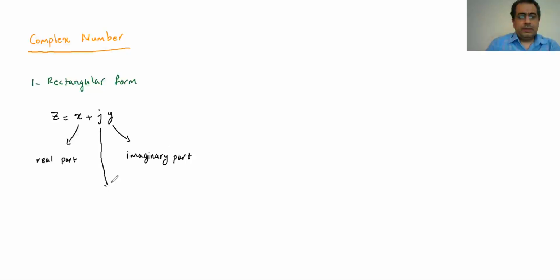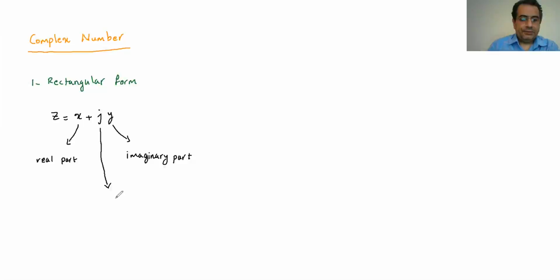In math or other classes, it's usual to show it with an i. In circuits, we show it with j because we use i for current, to prevent confusion between the current and the imaginary number.